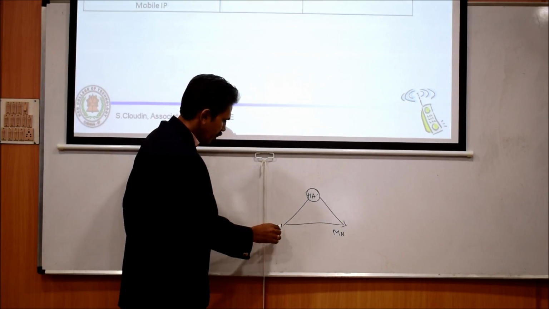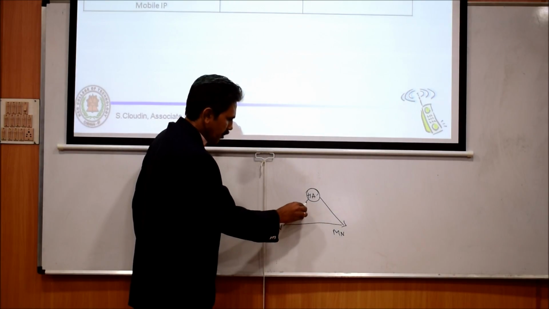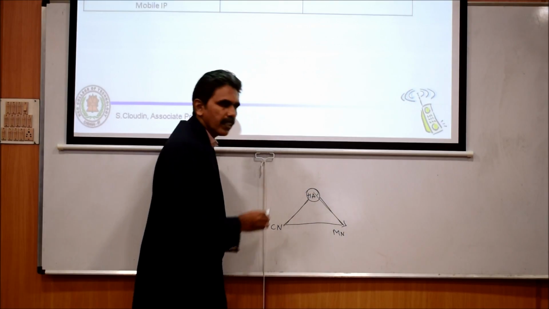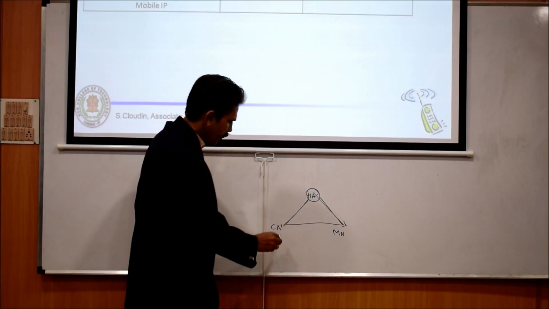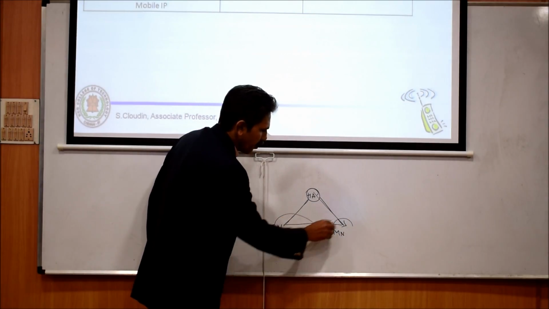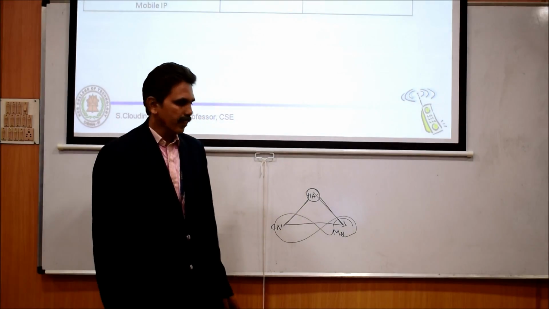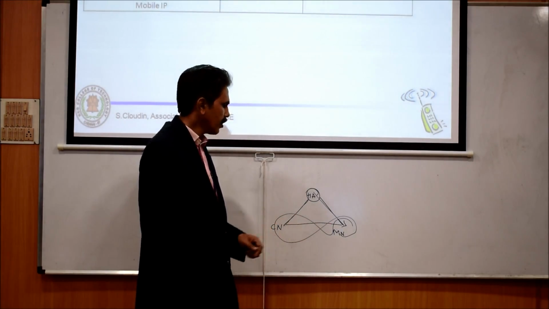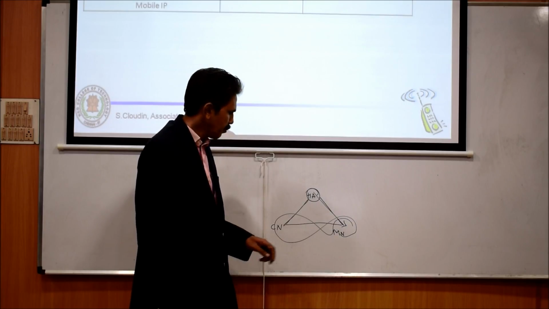To say it simply, the CN has to send the data to the home agent, and from the home agent the data has to be transferred to the mobile node. But both the CN and the mobile node belong to the same foreign agent. So this is called the triangulation problem. How do we solve this issue? It is very simple.